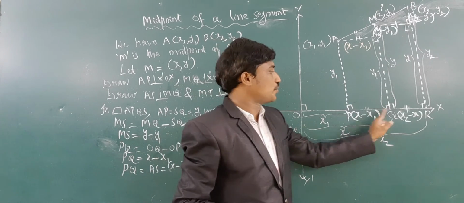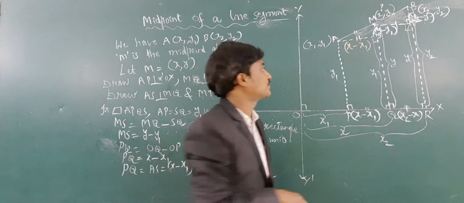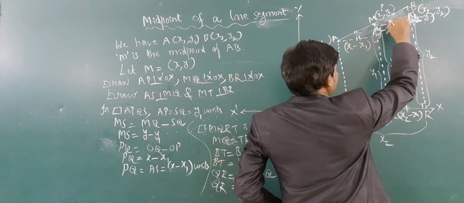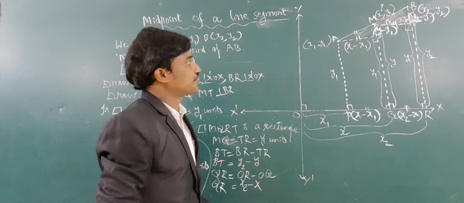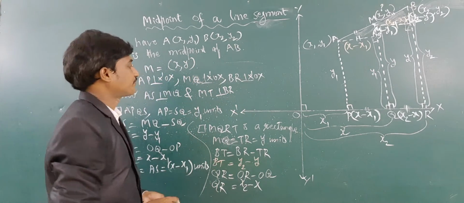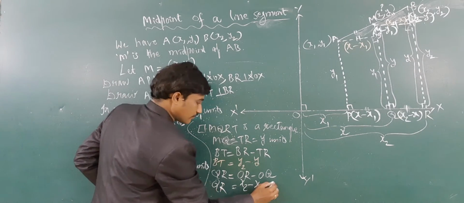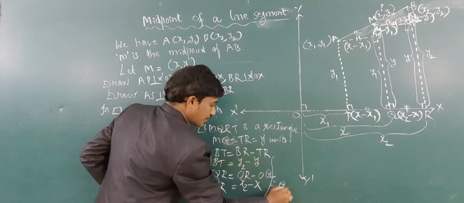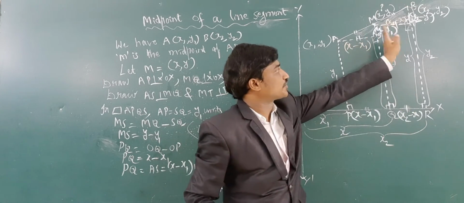So QR is equal to MT is equal to x2 minus x units.